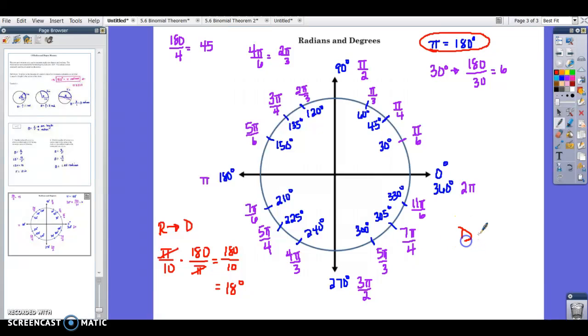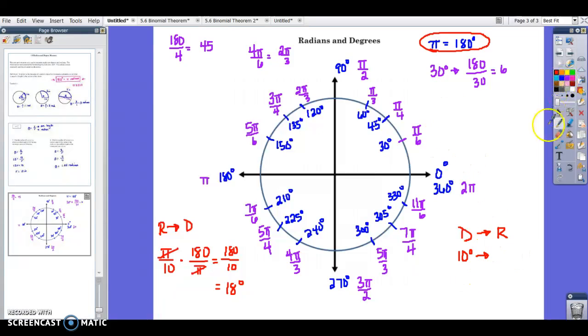If I'm going from degrees to radians, so let's say I have 10 degrees, and I want to convert that to radians, then I just flip my conversion factor.